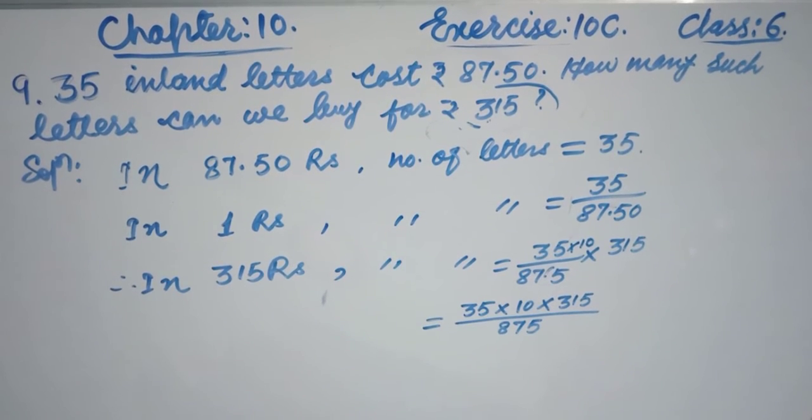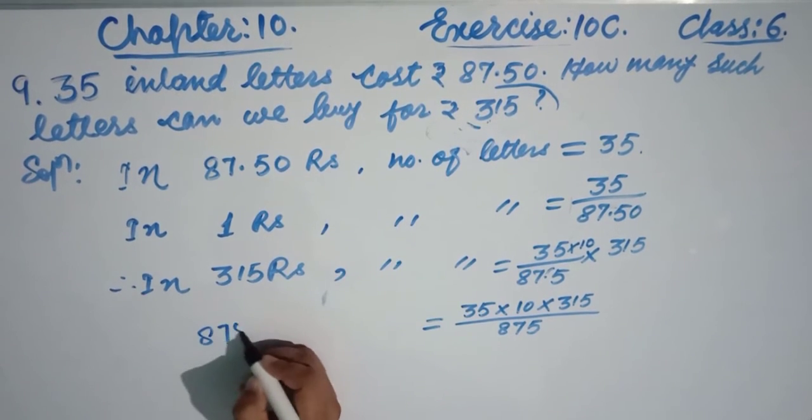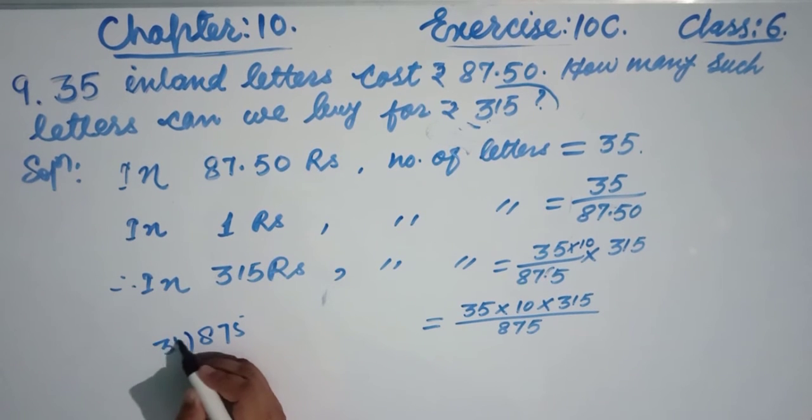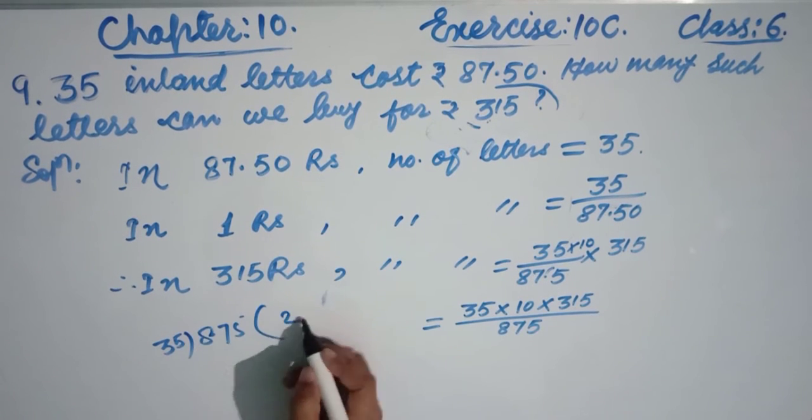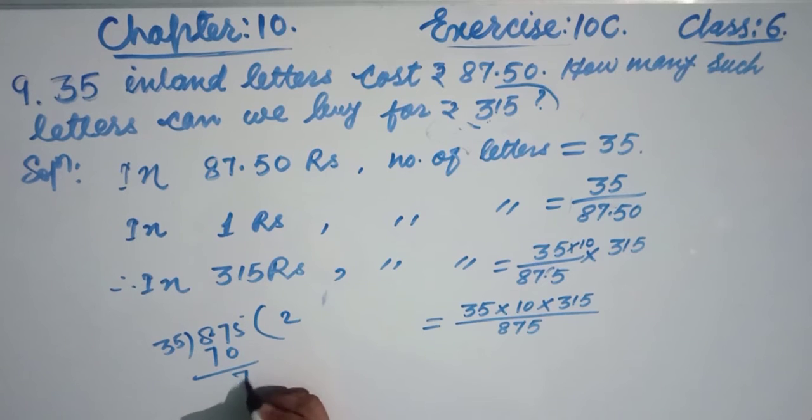I hope friends 875 will get cancelled by 7. Maybe let us check friends. 875 divided by 35. 35 to the friends 70. This is 7, this is 1 and this is 5. Now this will get cancelled by 7. This is 35.